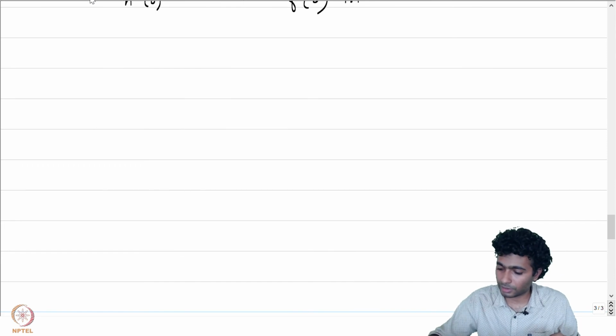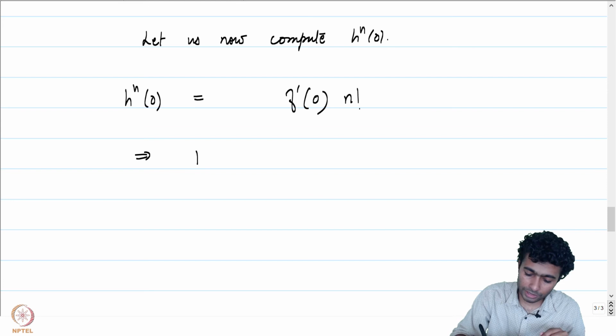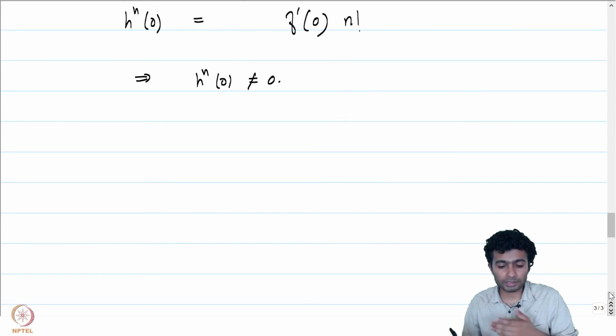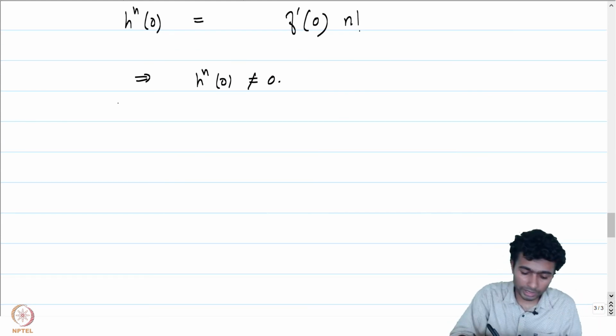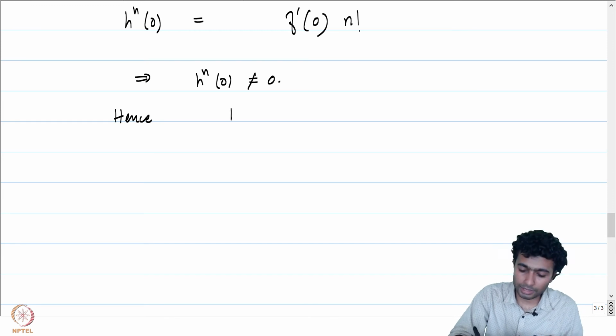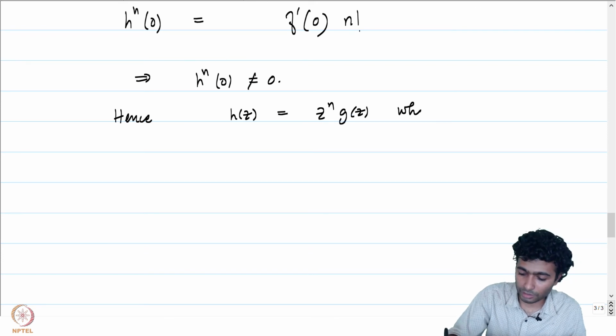So with that assumption, we conclude that h^(n)(0) is not equal to 0. So if you are looking at the power series expansion of h around 0, h(z) is equal to z^n times g(z), where g does not vanish.